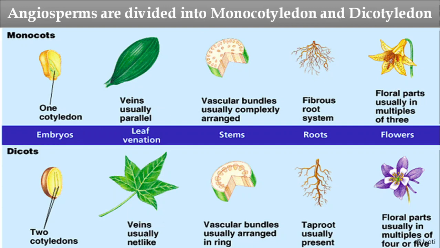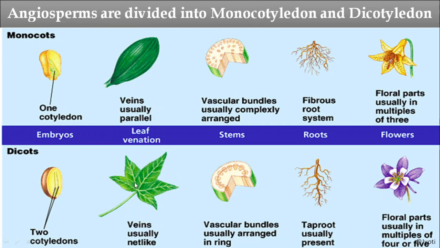Now, what are the other morphological differences? If you look at the structure of the leaves, in monocots they are generally present vertically on the stem, and the stem is usually unbranched. But in dicots the leaf is present tangentially, that means usually at a right angle to the stem.